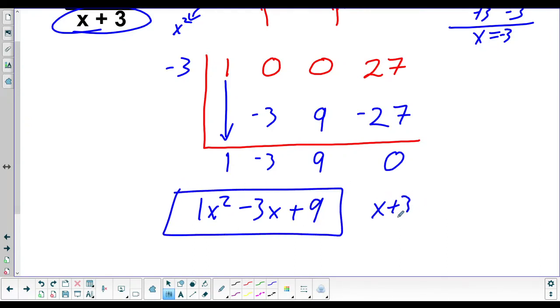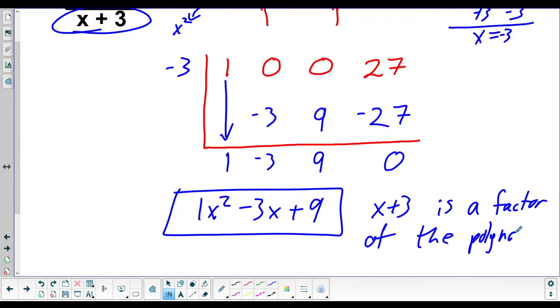X plus 3 is a factor of the polynomial. Why, you ask? Because the remainder is 0.